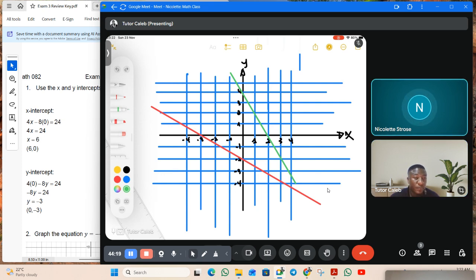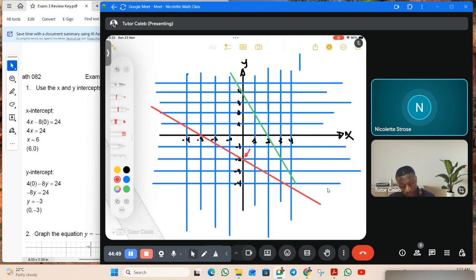So for the first one, I would say it is 0 and negative 2. Are you talking about this one? Yes. Correct. 0 and negative 2 is correct. Okay.